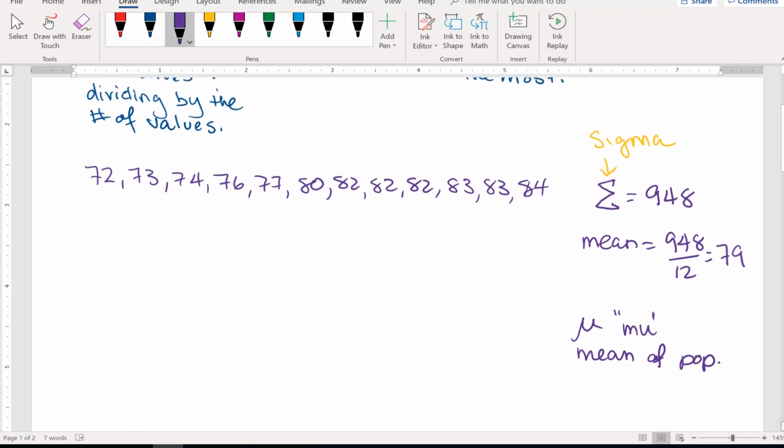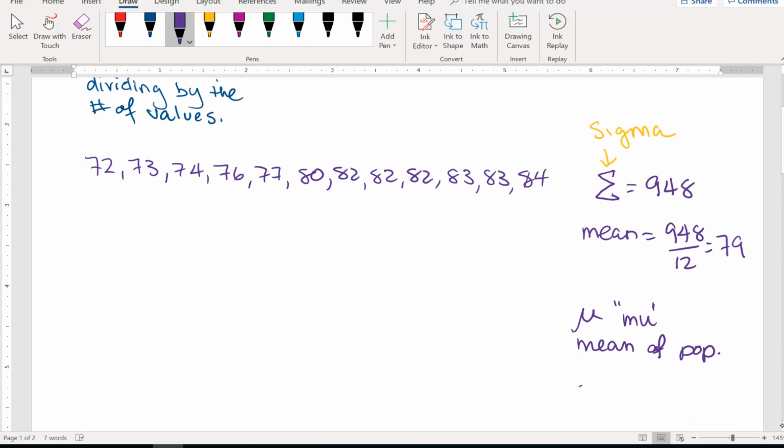We have a sample of a population, and so we use x with a line over it here. And that means the mean of a sample population. So in our population here, we can say that the mean is 79.